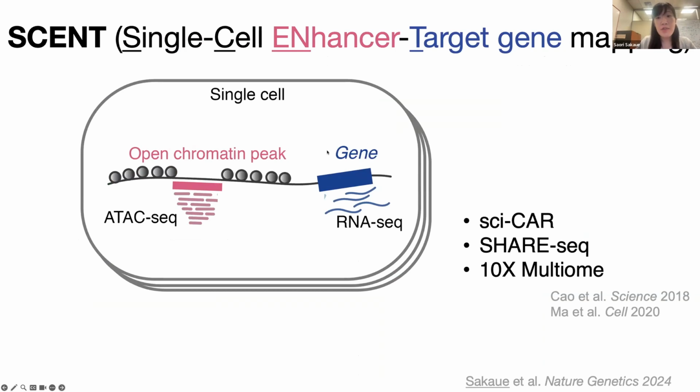So we use single cell multimodal ATAC-seq and RNA-seq data, which can measure open chromatin regions, which are putative enhancer elements, by ATAC-seq, and gene expression outcome by RNA-seq within individual single cells.